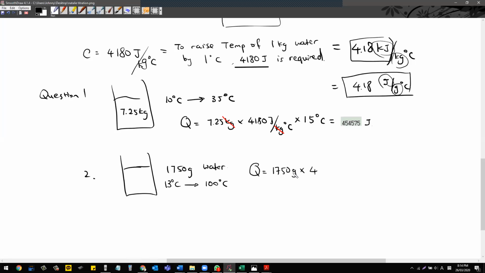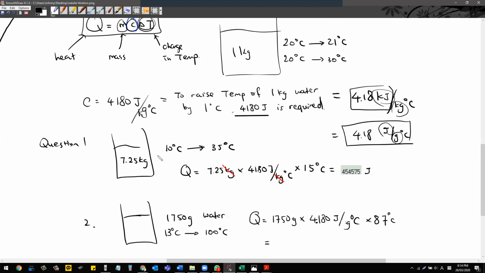If you have gram here but 4,180 joules per kilogram, you see how the gram and kilogram don't cancel out? So this is wrong. You've got to have joules per gram, 4.18, and the temperature change is 87, isn't it? So I got 636,405. That's how you do this problem.